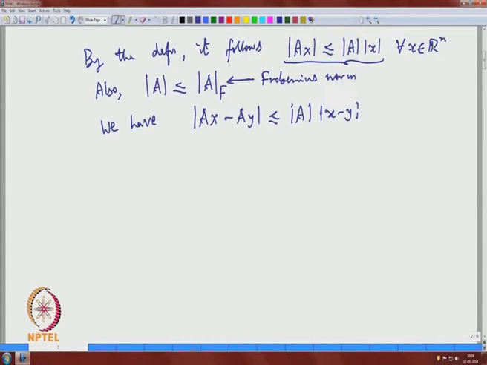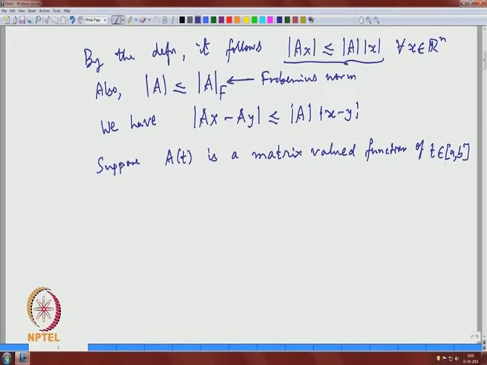That proves that the function x going to Ax is Lipschitz continuous. More is true. Suppose A(t) is a matrix valued function of t in some interval, so for each t in [a,b], A(t) is in M_n(R).